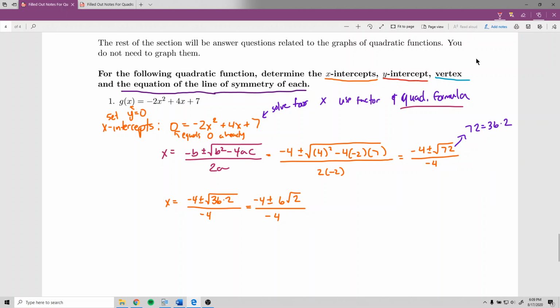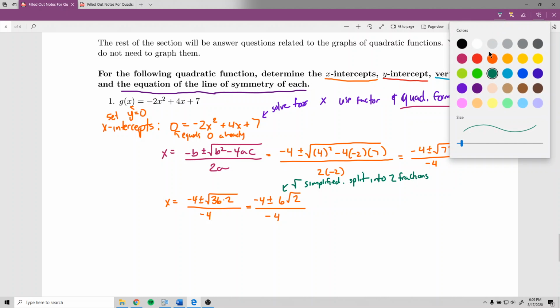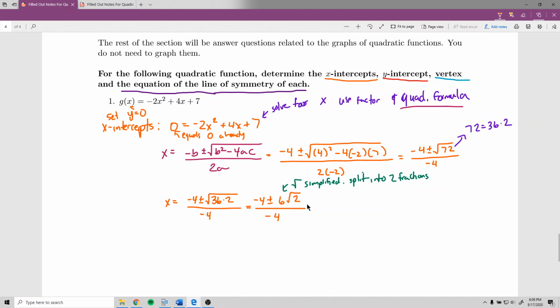And remember, this is where we split it up into 2 fractions. So the square root is simplified. Now we split it into 2 fractions. And so we got negative 4 over negative 4 plus and minus 6 square root of 2 over negative 4.